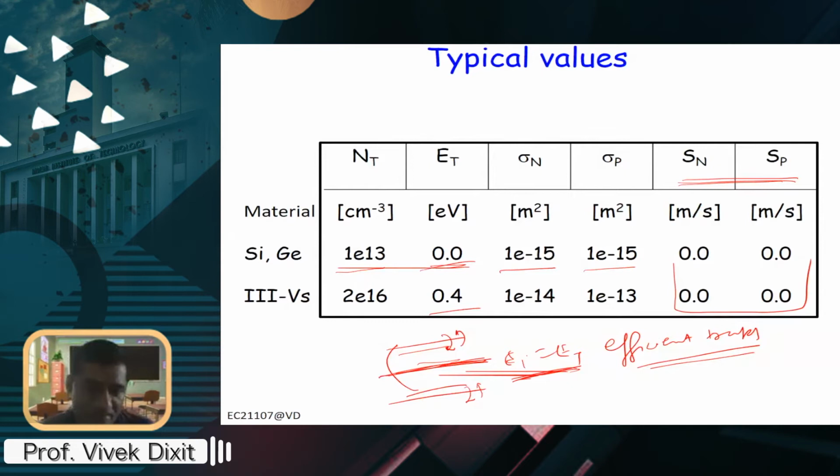They create an impurity level, but their impurity level is close to the band edge, so they are called shallow energy levels. They are also like traps only, right? But gold and other metals can create an energy level in the middle of the band gap, right?